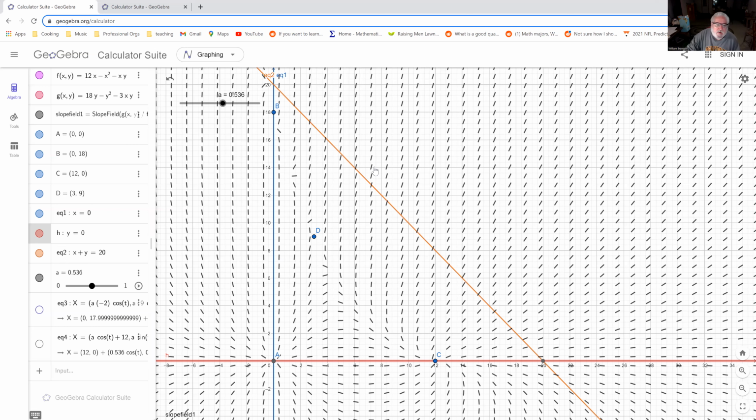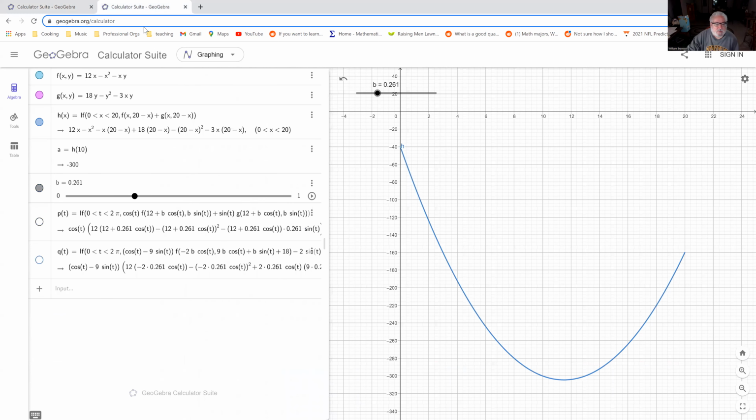But the point is if we can calculate the dot product between the vector field and the vector 1, 1, which points off up here to the right, and if that dot product is always of one sign, then we know that the solution curves have to cross it in one direction. And so the easiest thing to do is just to go over here.